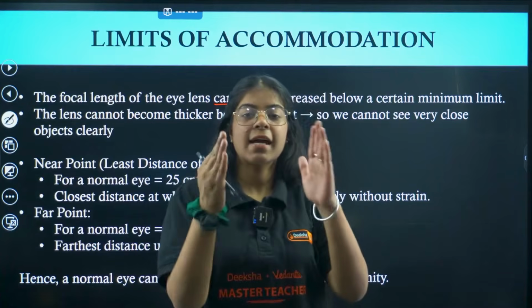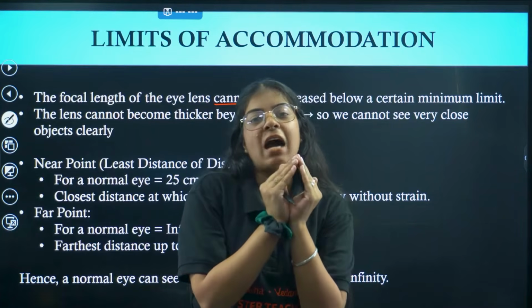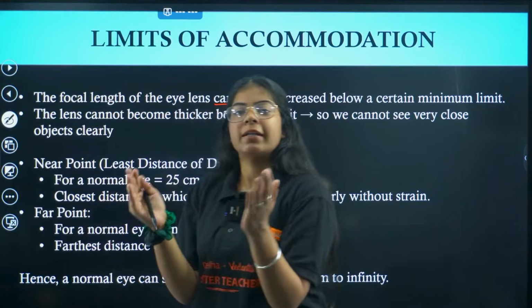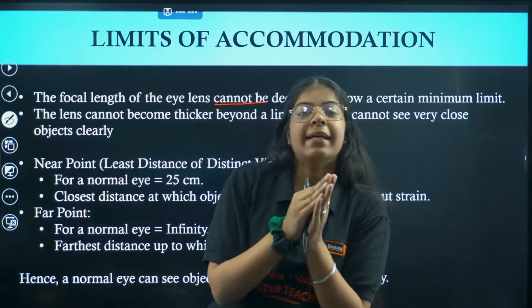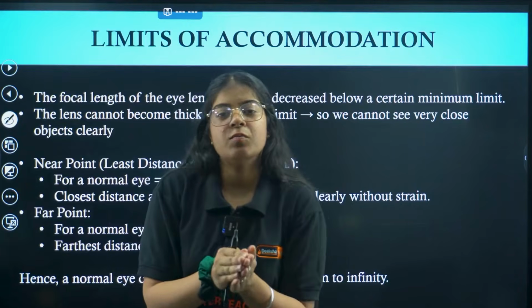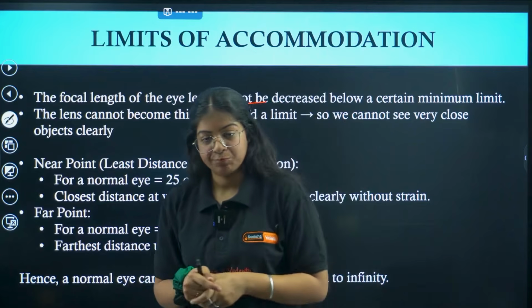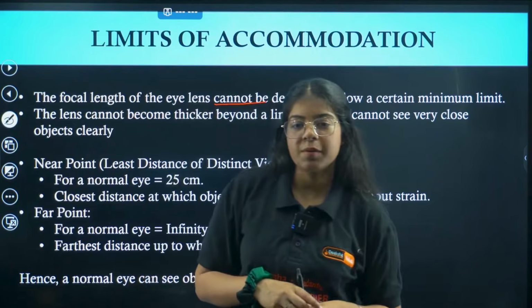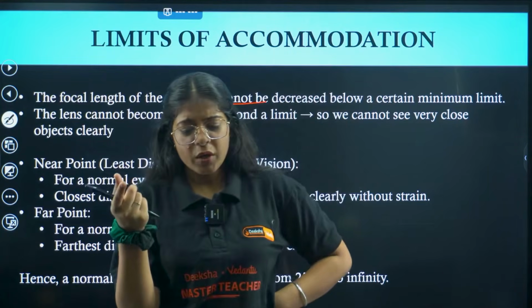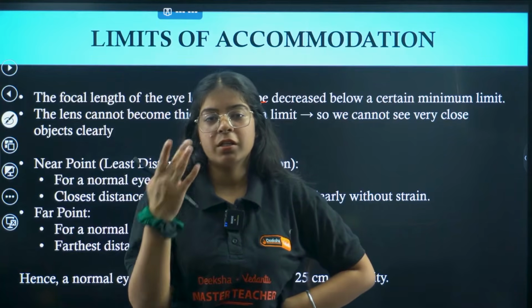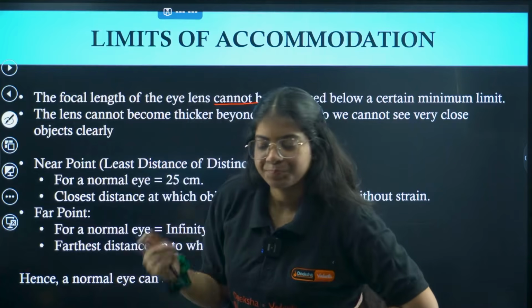Because your lens cannot be compressed beyond a certain limit, and so it cannot see very nearby objects clearly or distinctly. That is where a concept comes in: you are saying the lens cannot be compressed beyond a certain limit. So what is that limit?